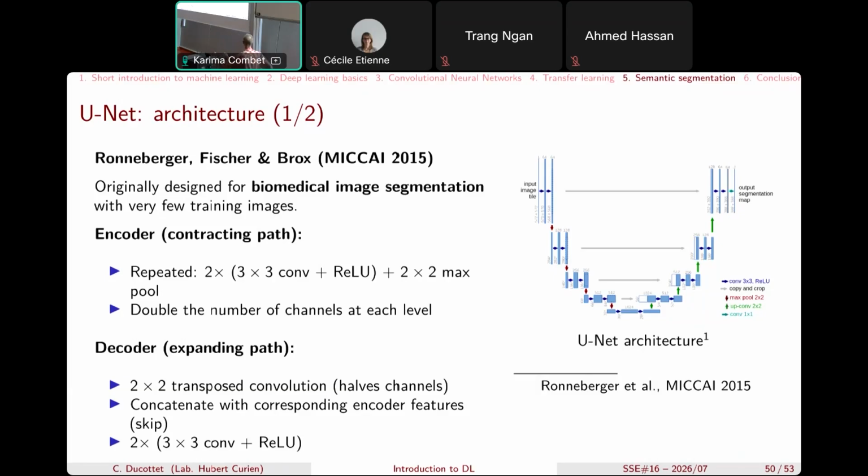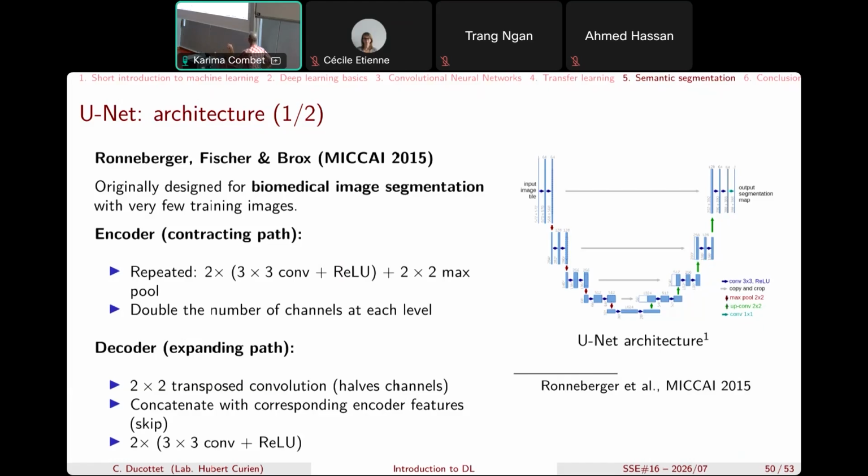So at each step, we are taking those feature maps here. We are doing transpose convolution to recover bigger feature maps, and we are concatenating the feature map from the equivalent resolution from the encoder just here at that step.